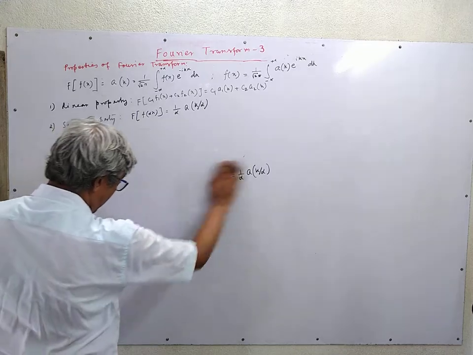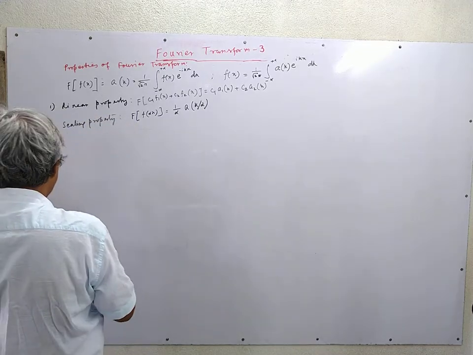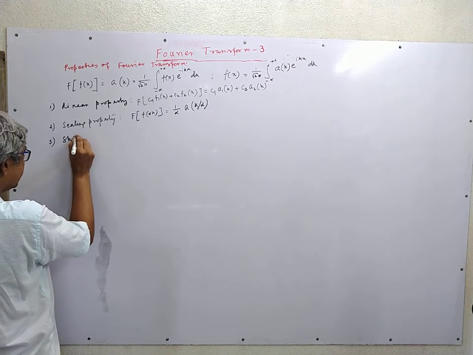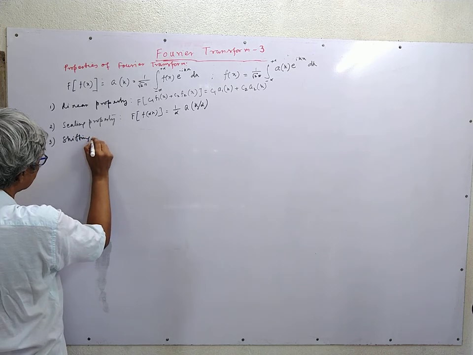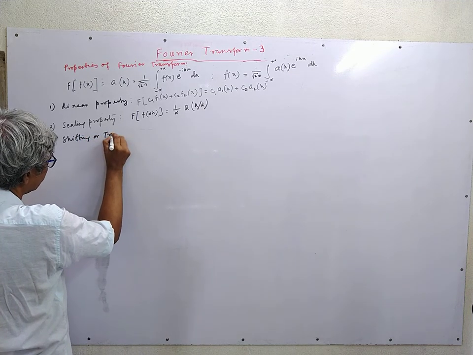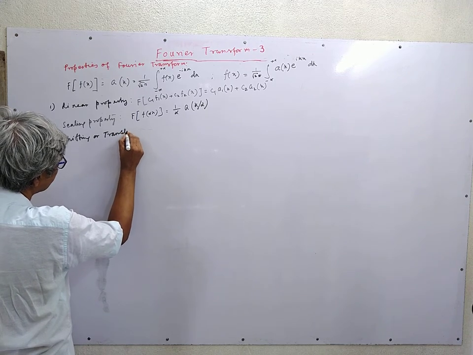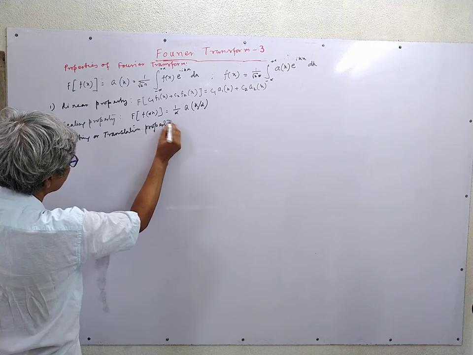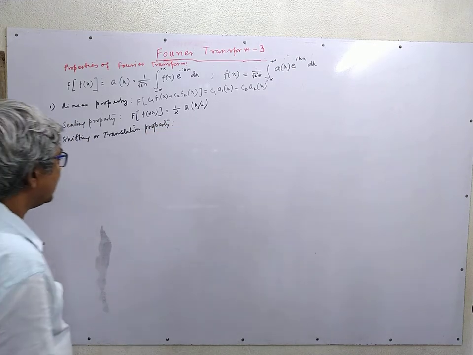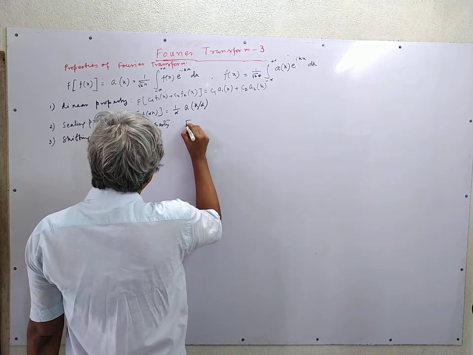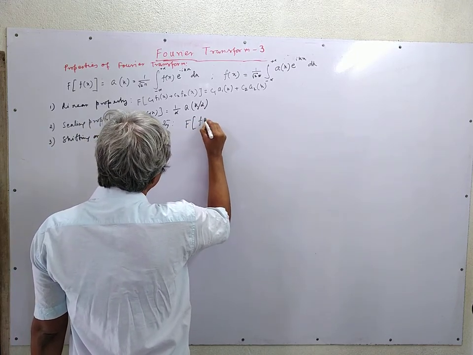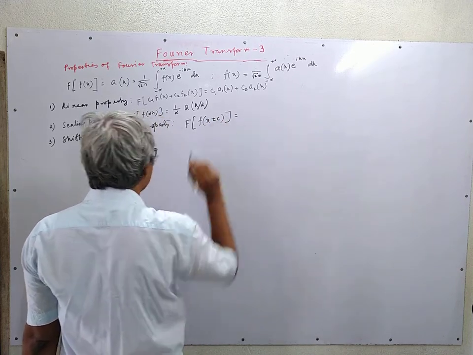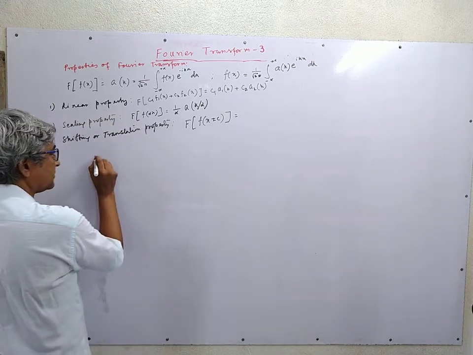Now coming to the shifting property or translation. Here what we do, we consider the function as a function of x plus minus c. What will be its Fourier transform? So let me start with this.